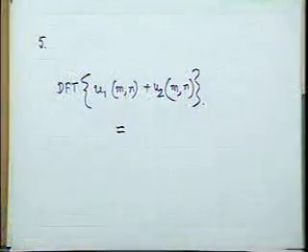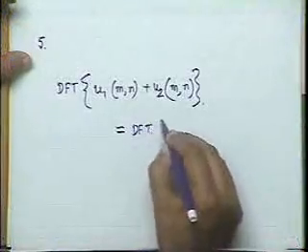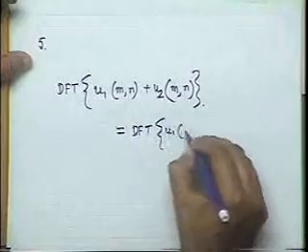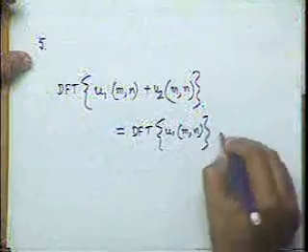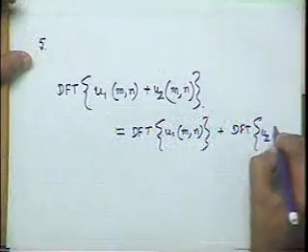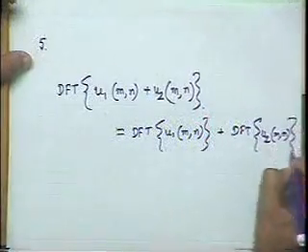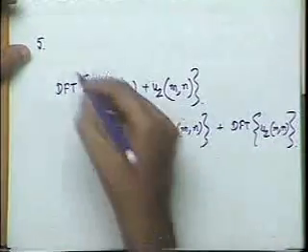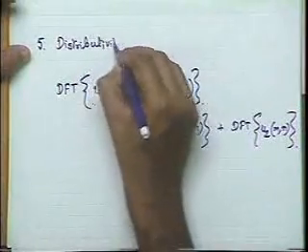So DFT of sum becomes equal to sum of DFTs. Rather, this is equal to DFT of u1(m,n) plus DFT of u2(m,n). This is the property of distributivity, that I have the DFT of sum as the sum of DFTs.